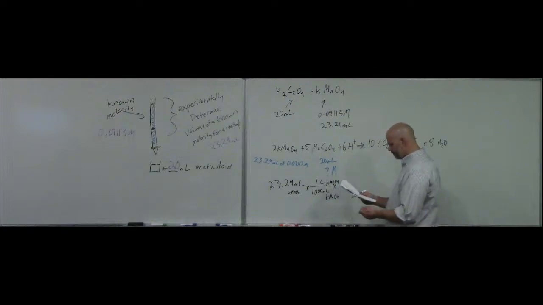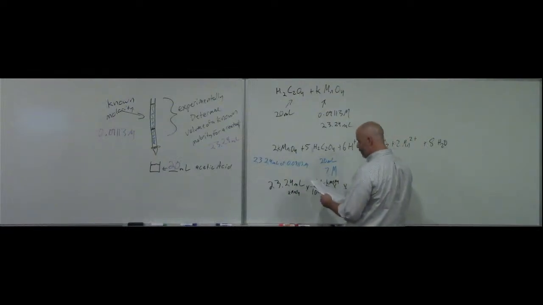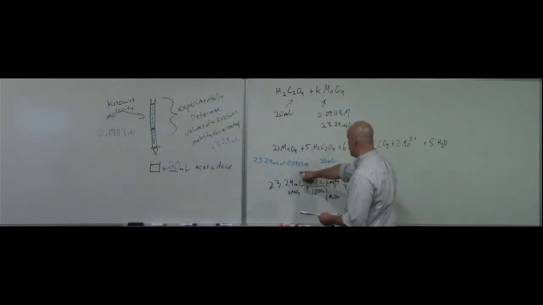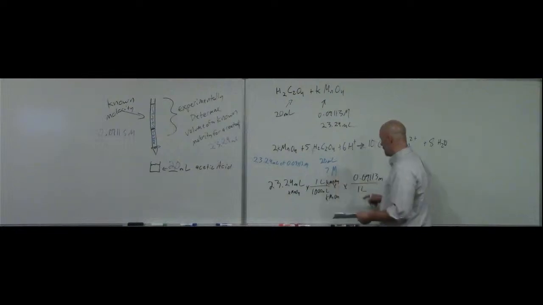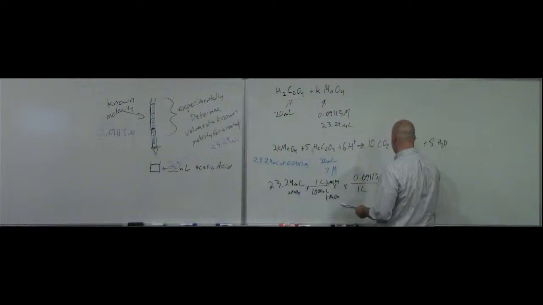Now, when I multiply that times my moles per liter, which is my molarity, 0.09113 moles over 1 liter, then my liters will cancel out. I'll be left with moles of potassium permanganate.